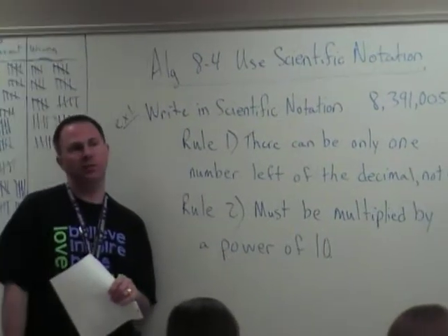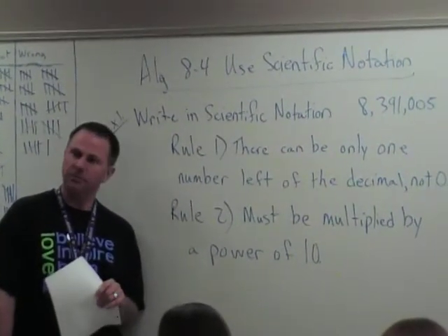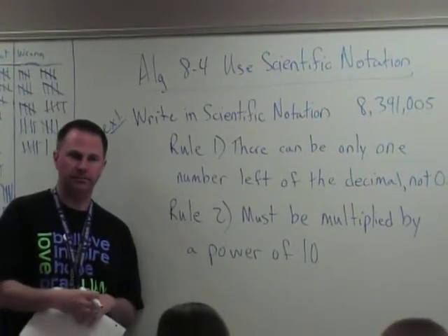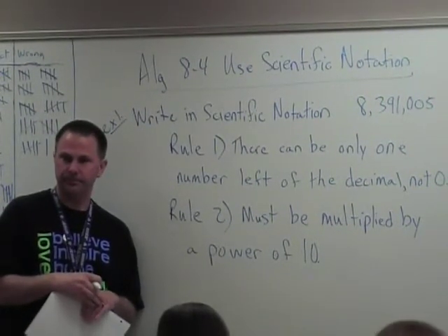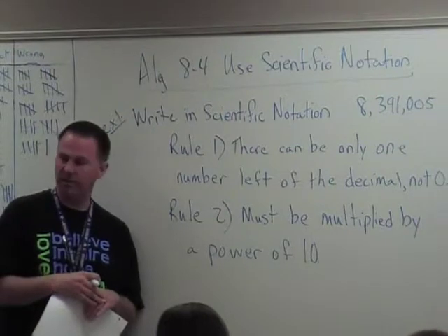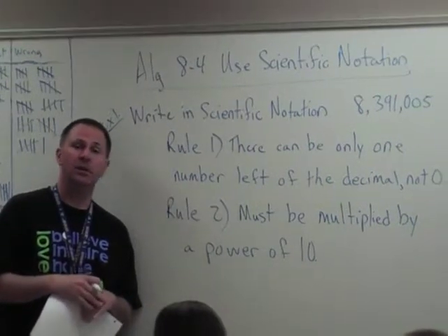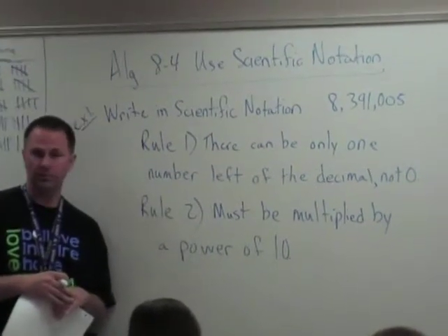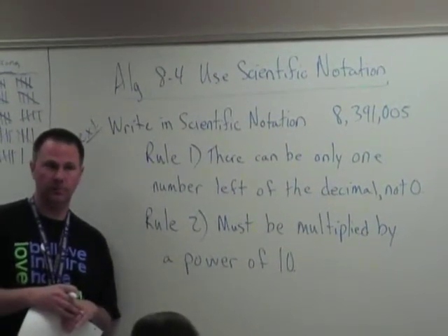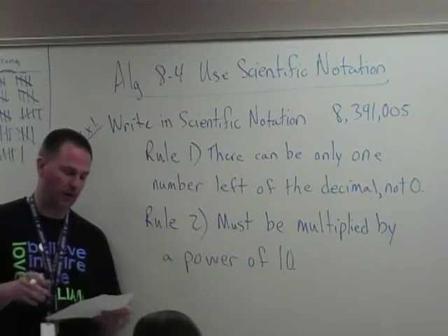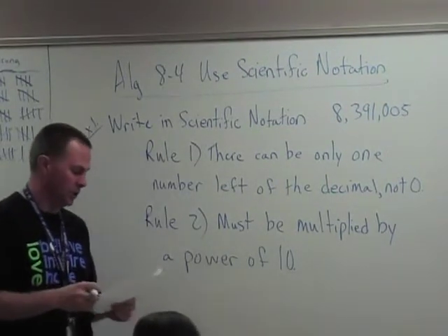There can only be one digit left of the decimal, it can't be 0, and it has to be multiplied by 10. If you have that, then it's in scientific notation. It may look like it's in scientific notation if you have something else, but it has to meet these 2 rules. Understand? Alright, good.